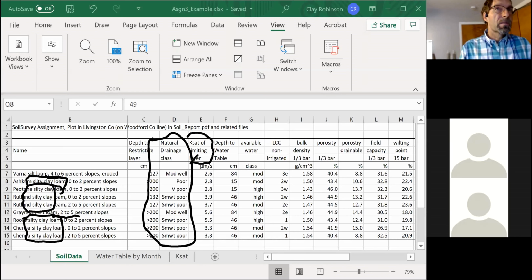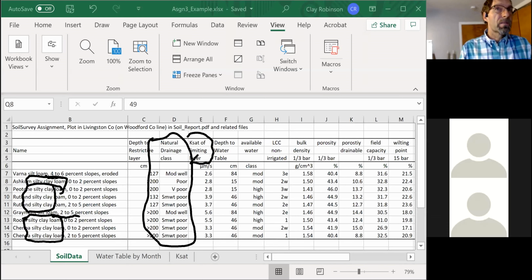And so those are really deep, not a big deal. And actually the limiting layers have a relatively high, in this one, has a high hydraulic conductivity. And these 3, their hydraulic conductivity is much lower, much slower. And so those restrictive layers are going to be a little more limiting to water movement.